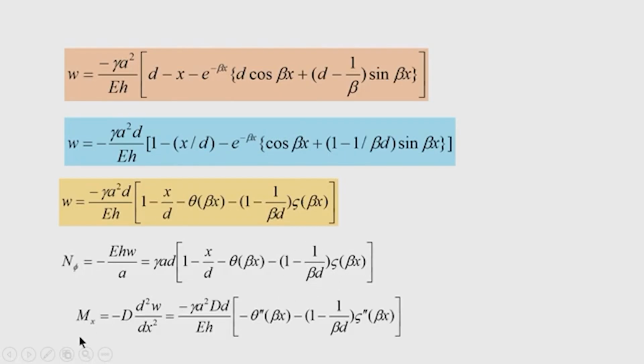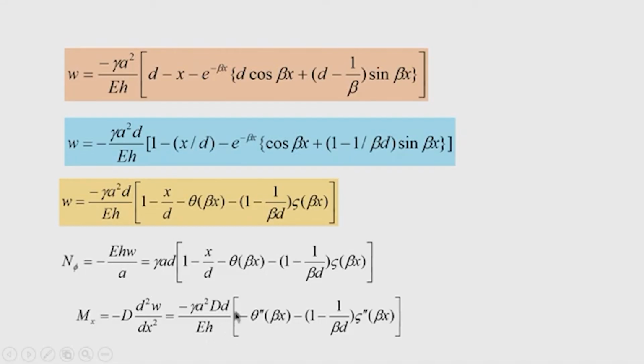Bending moment is obtained by calculating the second derivative of this deflection function and then multiplying the second derivative with the flexural rigidity. So, bending moment is obtained as minus gamma a square capital D into small d divided by E h into minus theta double prime. You should distinguish between two symbols. Capital D is the flexural rigidity of the shell, whereas small d is the depth of the tank or depth of the water in the tank.